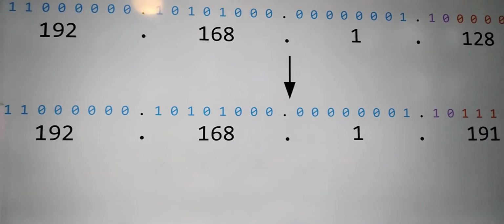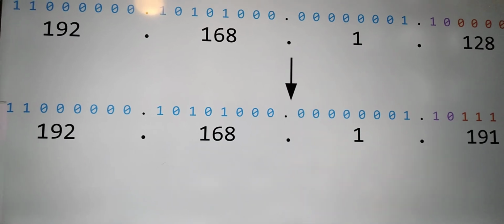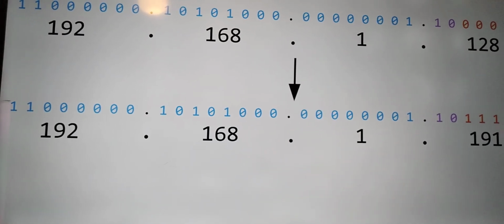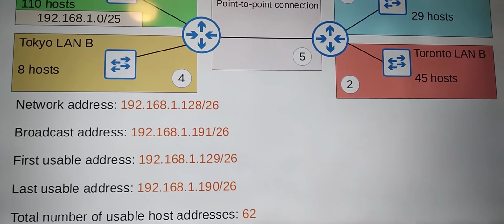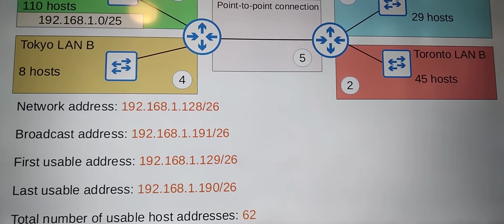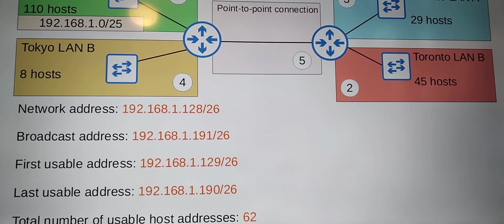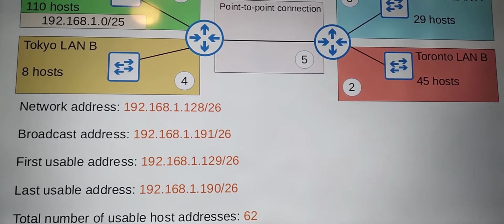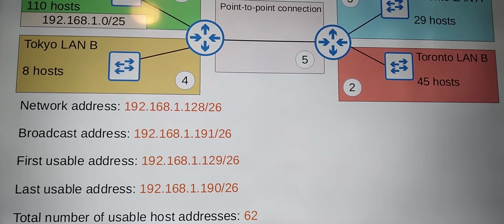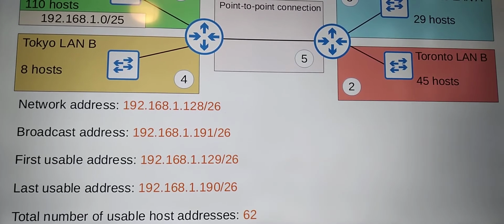So here are the answers for Toronto, Canada LAN B. Network address is 192.168.1.128/26. Broadcast address is 192.168.1.191/26.